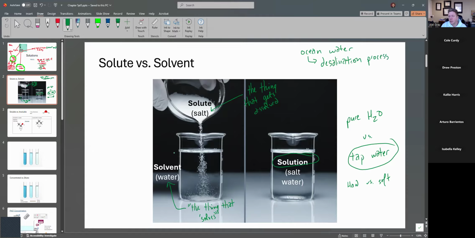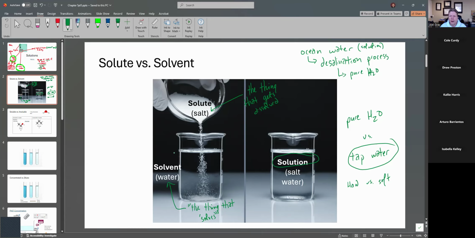So they take a solution like ocean water and basically remove all of the salt and anything else that's in there to get pure water. And then more than likely they will have to add things back in there.